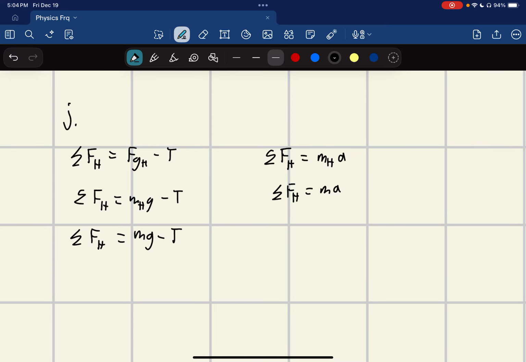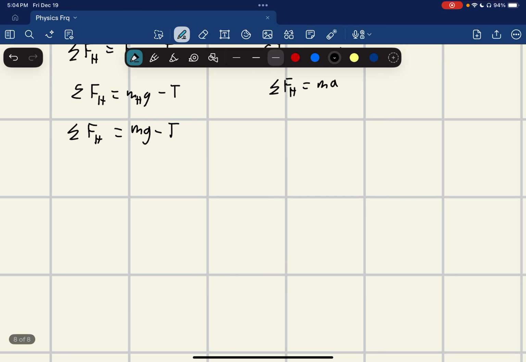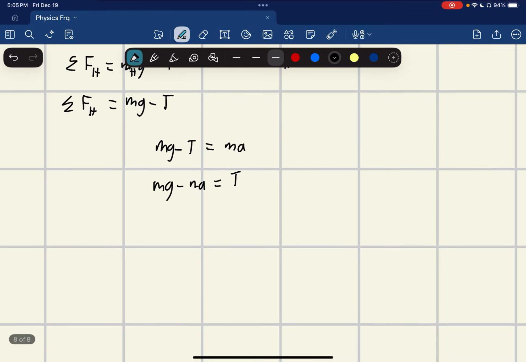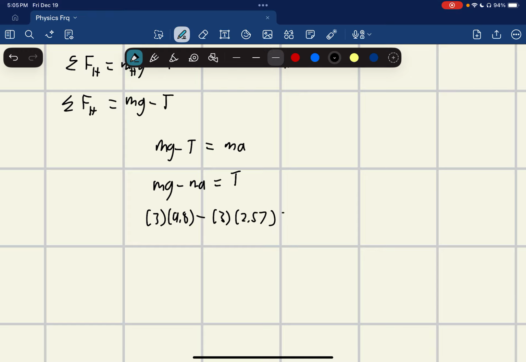And then I would equal the two net forces equations to each other. So it'd be mg minus T is equal to ma, and then I would just add the T to both sides and subtract ma to isolate for T. So it'd be mg minus ma is equal to T. And here I'll just plug in the values that were given in part I. So m is 3, G is 9.8, minus 3 times 2.57 is equal to T.